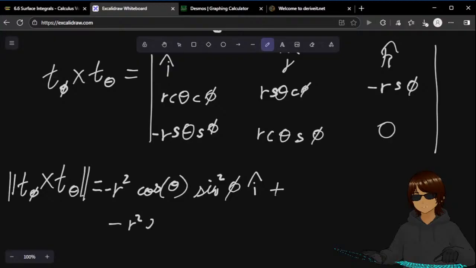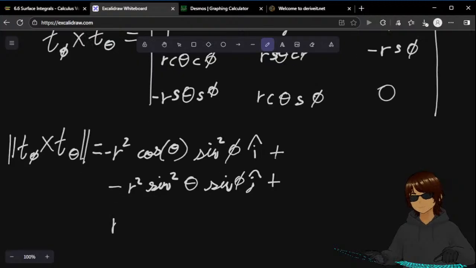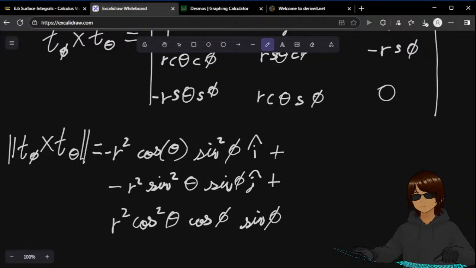R square, these two multiplied minus these two.